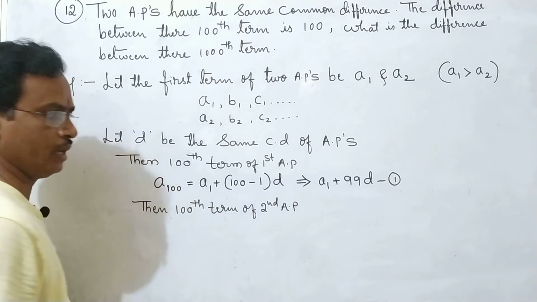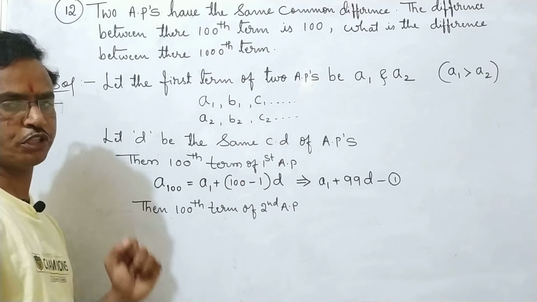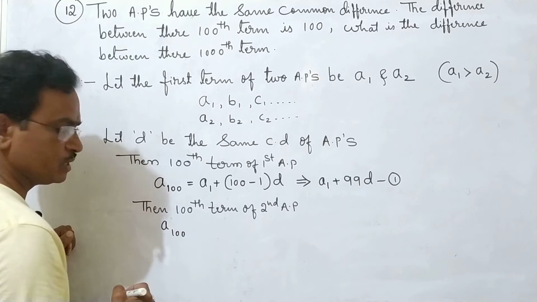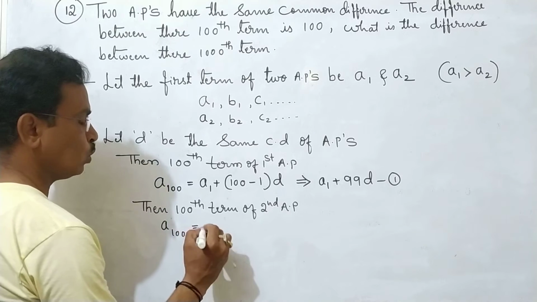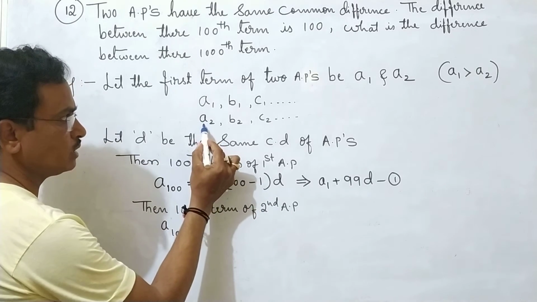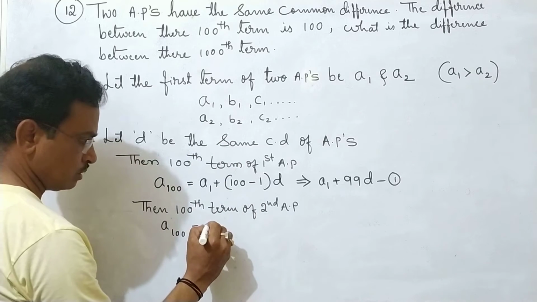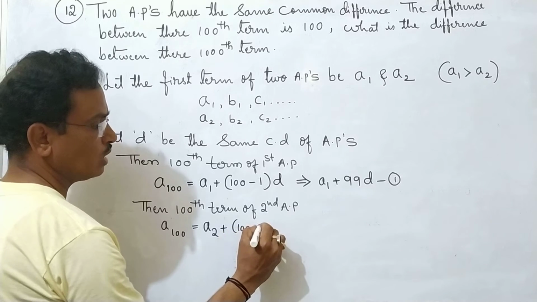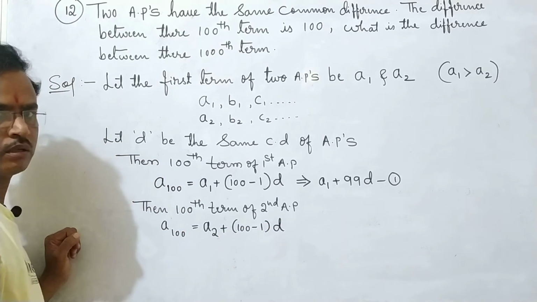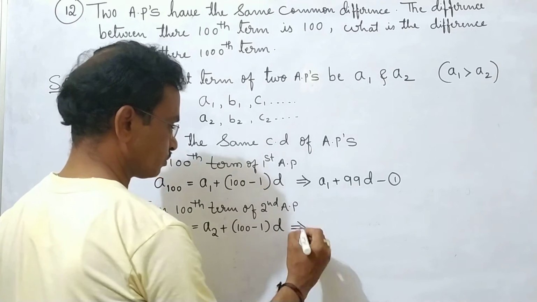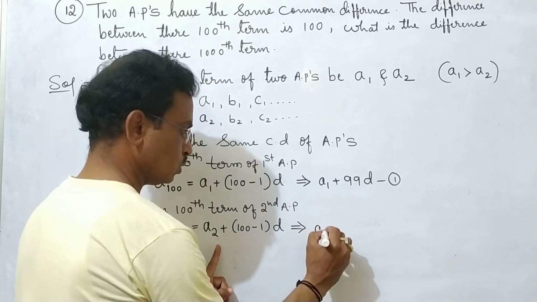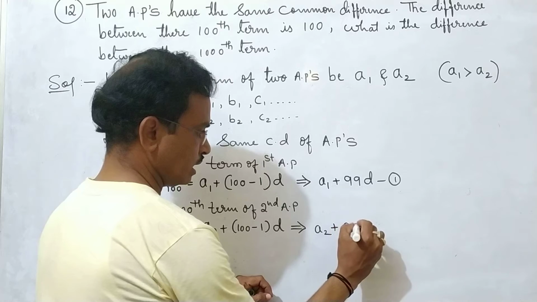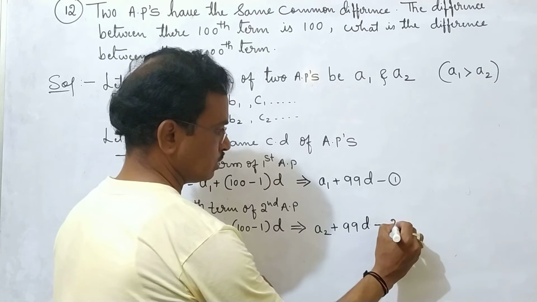A100 is equal to, the first term of the second AP is A2, so A2 plus 100 minus 1 into D. This implies A2 plus 99D. So this is number 2.